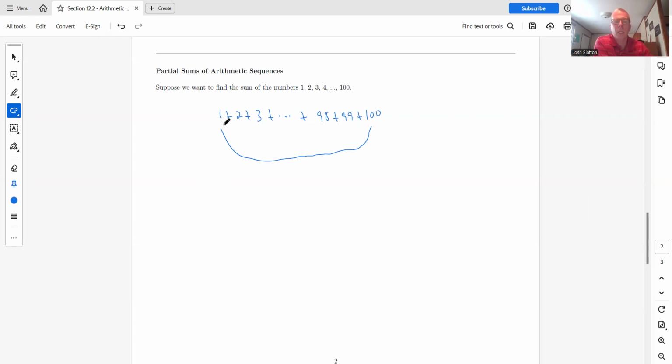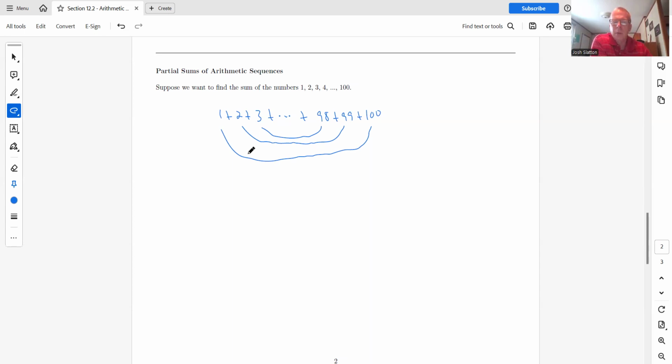The order doesn't matter. So what we can do is we can get the first term and the last term, and we can get the next two terms together. We can follow this pattern all the way till we get to the middle. And then we would have 50 and 51 grouped together.